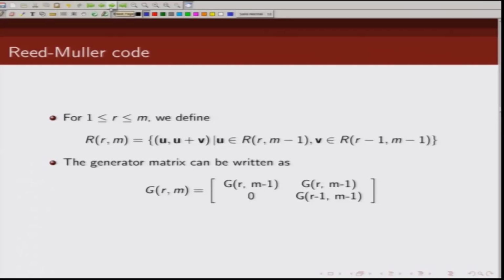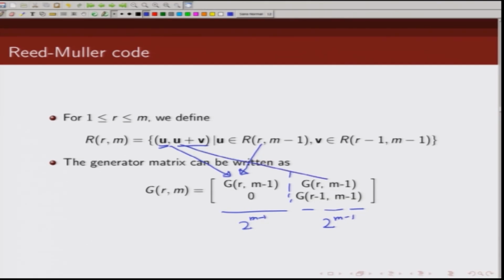The same thing I am writing in terms of the generator matrix. As I said, this is a Reed-Muller code of length 2^(m-1), and this is another Reed-Muller code of length 2^(m-1). The first is just U, which is this code, the Reed-Muller code of order r and length 2^(m-1), and the second one is this.